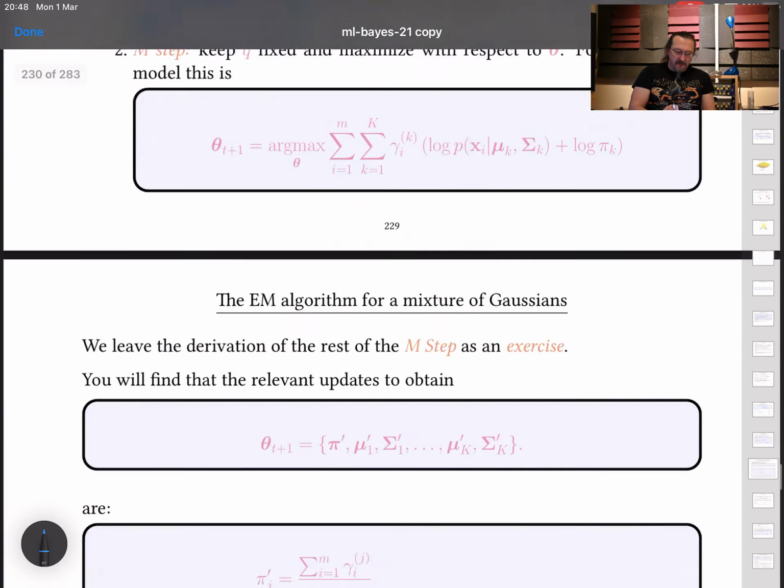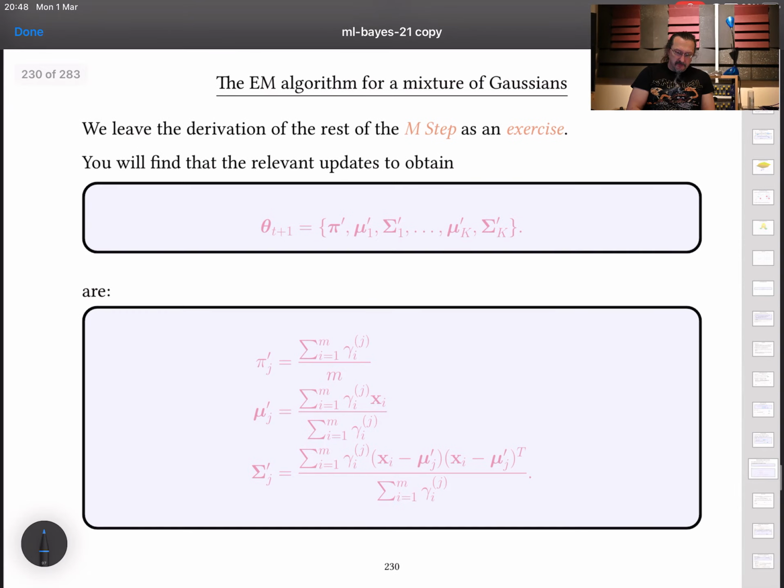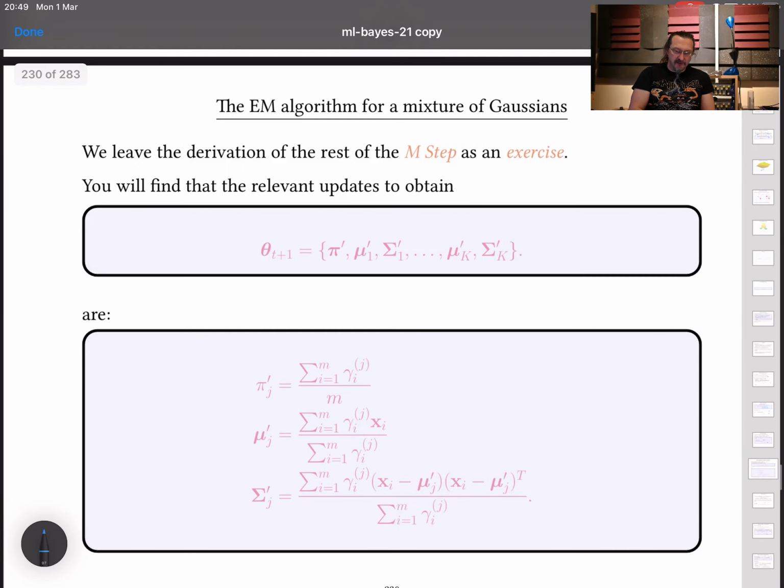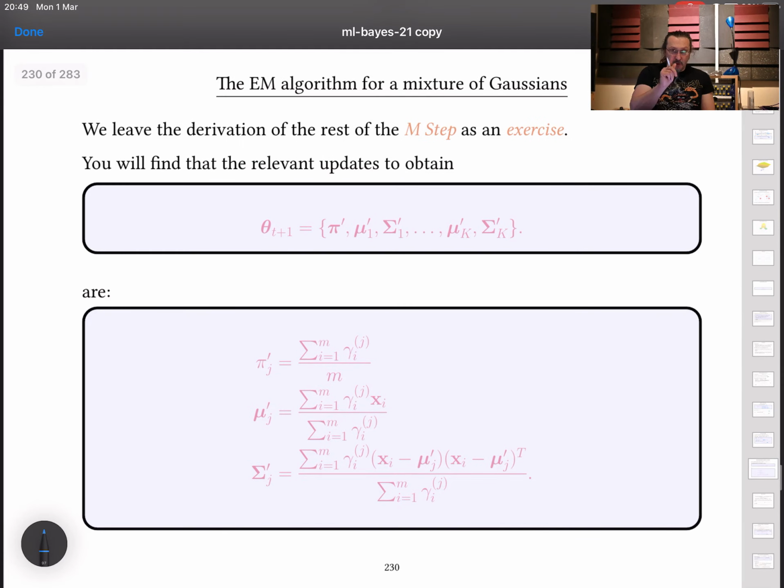Okay, so the final thing is to derive the M step, and you do this by differentiating the expression in the box here, setting to 0 and solving. But there is one further point, and that is that because the pi's have to be a distribution, that's a constrained optimization. The pi's have to sum to 1.